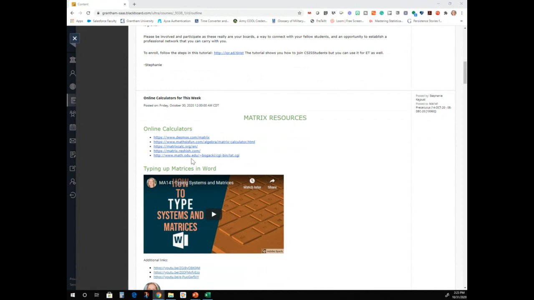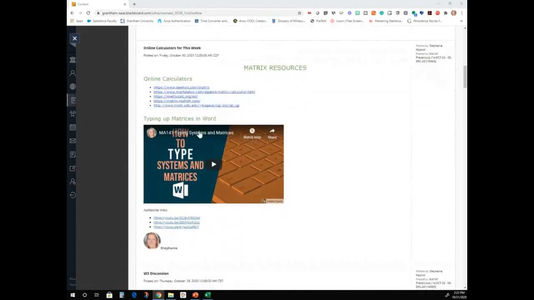Double check yourself. I do encourage you to do that, but make sure you always write down the resulting matrix that it gives you. Don't just give me my x, y, and z. I want to see what the matrix looks like and what matrix you entered. I do have a video if you decide to type these things, but you are not required, and then some YouTube videos about them as well.